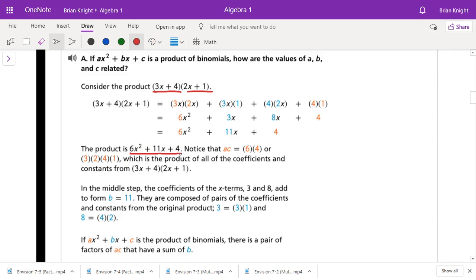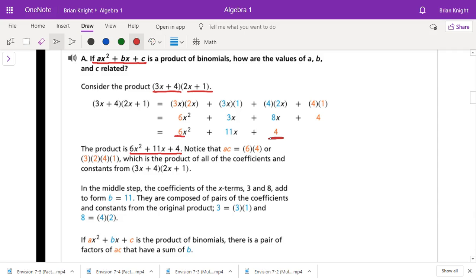And it says notice that A times C. Now, which one of these is A and which one is C? A is the 6, and C is the 4. Again, this is considered standard form of a quadratic equation, ax squared plus bx plus c. So a is 6 and c is 4.